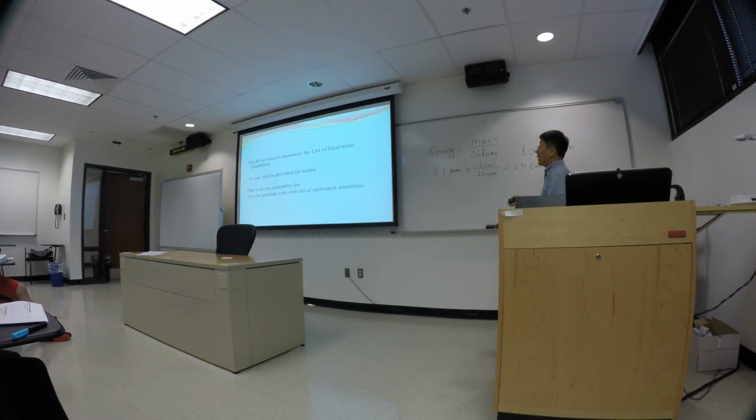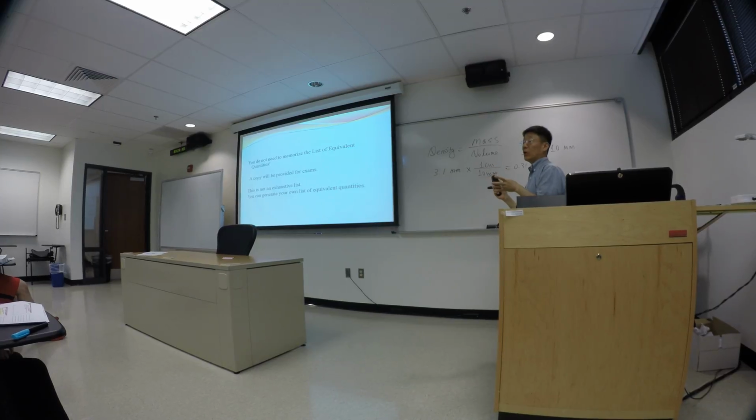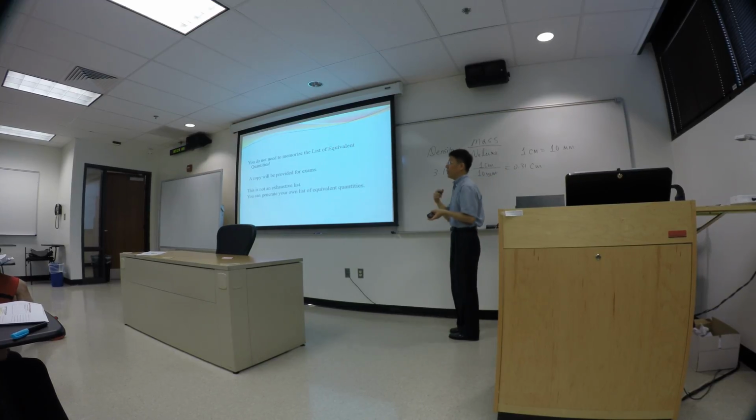But if you click on the final exam on Canvas, there is an information package for the final exam, and you will be able to see the list of equivalent quantities given to you in addition to the periodic table. So you may want to spend a little time today after class and check it out.